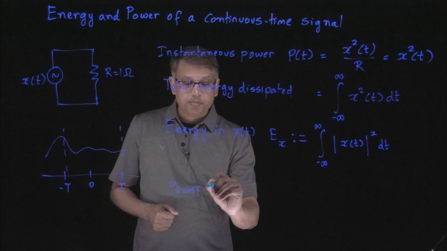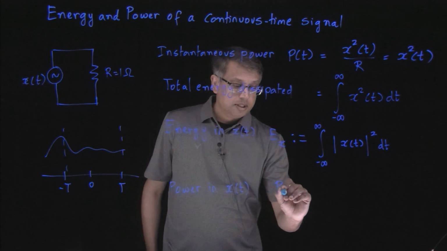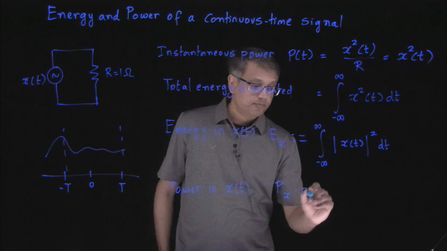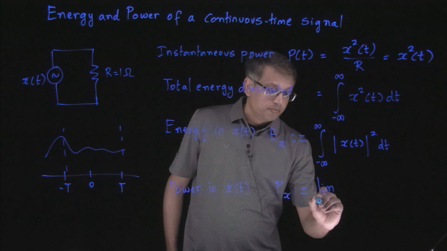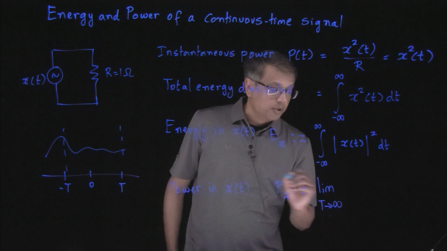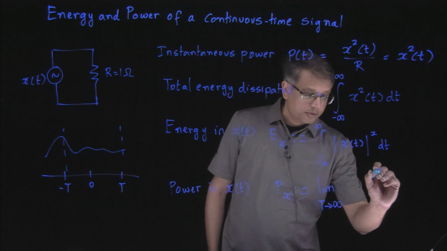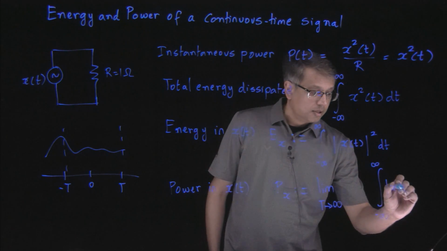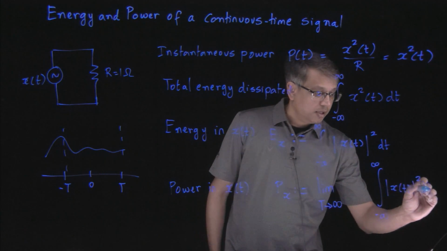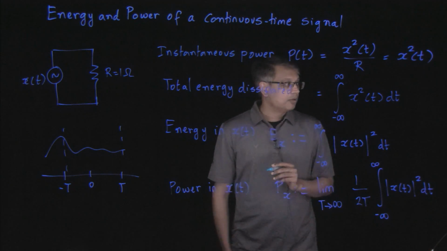So we will say that the power in x of t, namely P sub x, will take the limit as T goes to infinity of the energy in x of t divided by the time over which we are observing x of t.